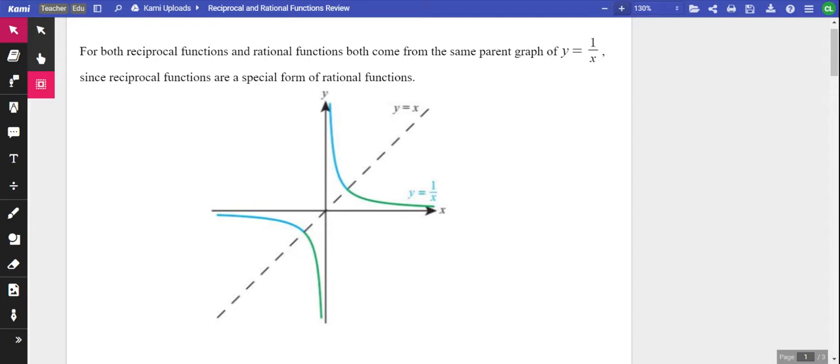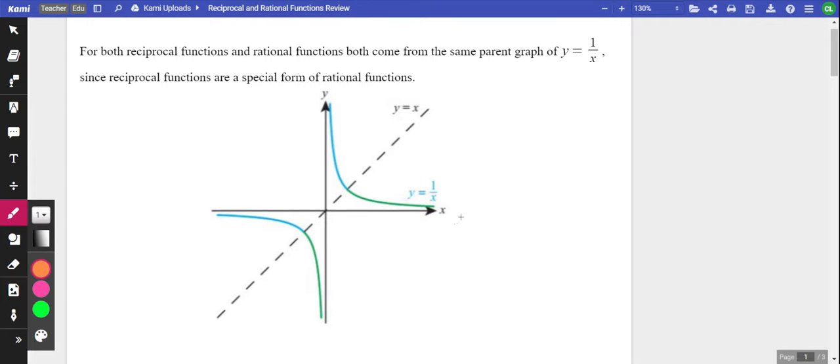So for both reciprocal functions and rational functions, our parent graph looks like what you see here. We have two hyperbolic curves, one showing up in the top right, one showing up in the bottom left, and we end up with an asymptote happening at the y-axis and another asymptote happening at the x-axis.